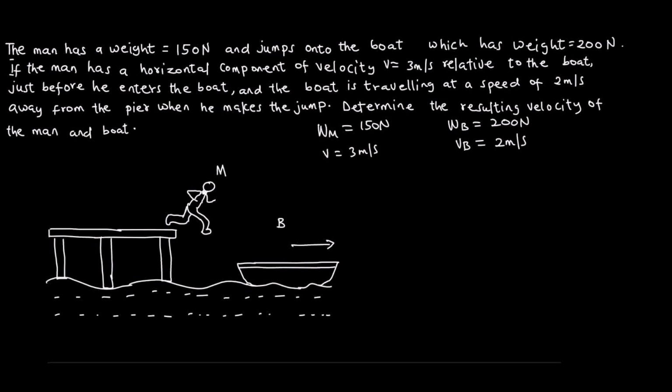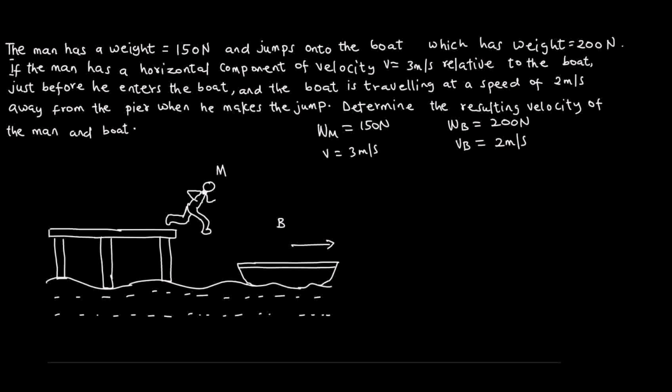Now, for us to determine the resulting velocity of the man in the boat, we are going to apply the principle of conservation of momentum, which states that if two bodies collide, then the total momentum before and after the collision will be the same if there is no external force acting on the colliding objects.